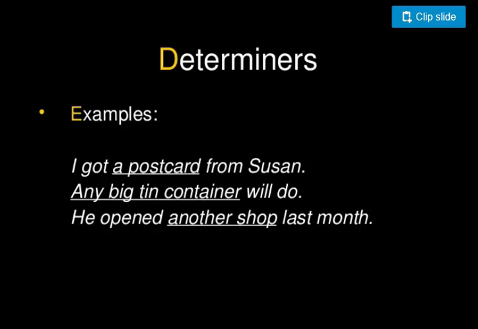He opened another shop last month. So a postcard, or any big tin container, or another shop. For example, postcard वो भी countable है, we can count it. A big tin container ये भी countable है. Another shop, shop भी countable है. So every singular count noun we use the general determinants जो मैंने आपको पीछे बताया कि कौन कौन से determinants हैं जो use होते हैं.